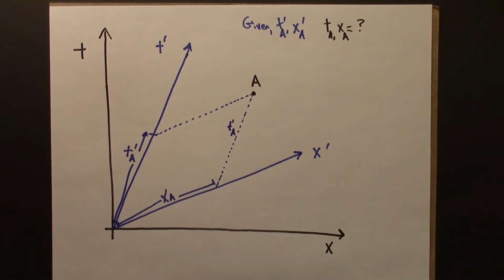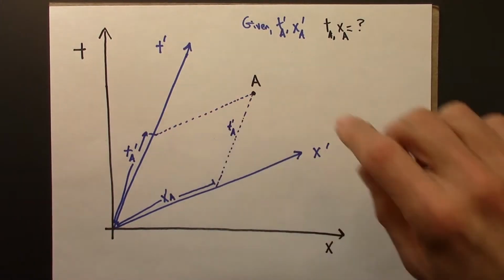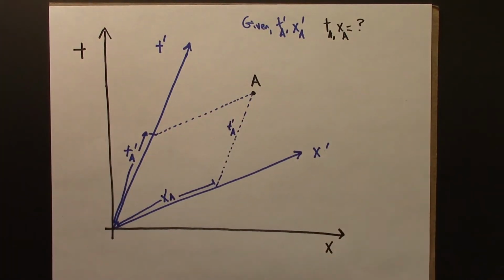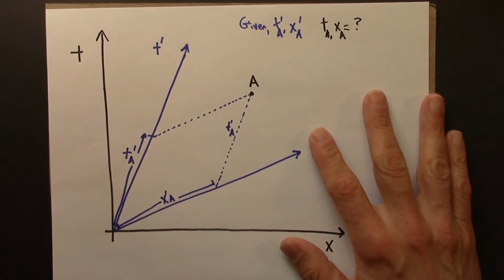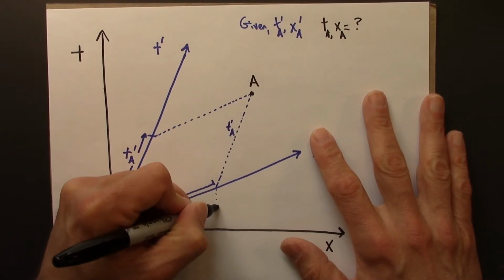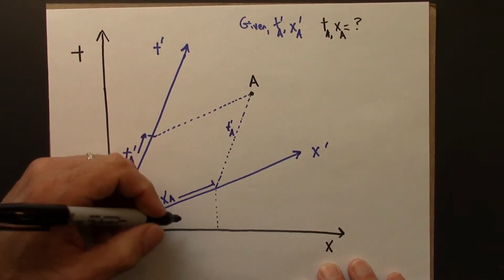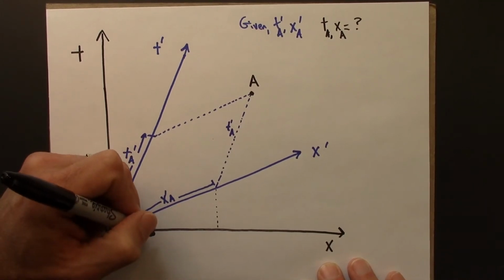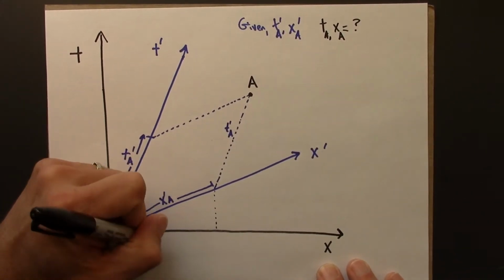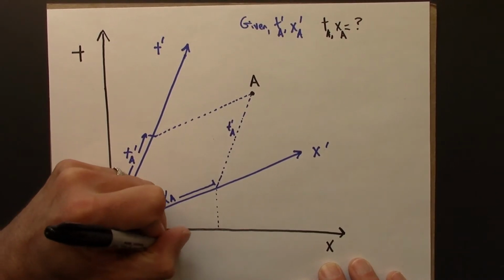So now let's think about converting these x prime t primes into x and t. Remember, we do that with gamma. So if this is x prime A, I'm going to call this just a distance gamma x prime A, like that.